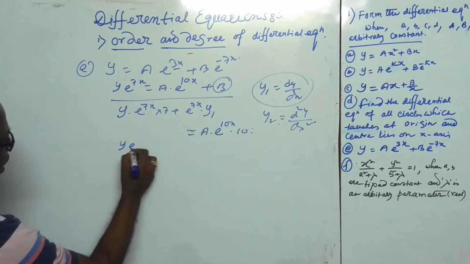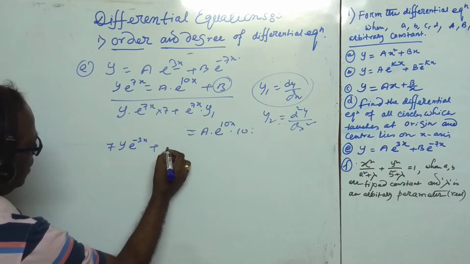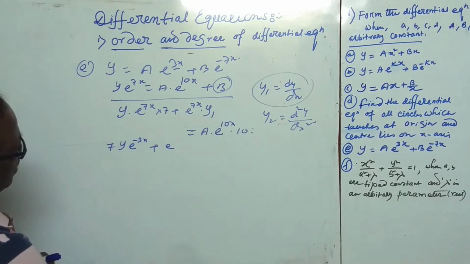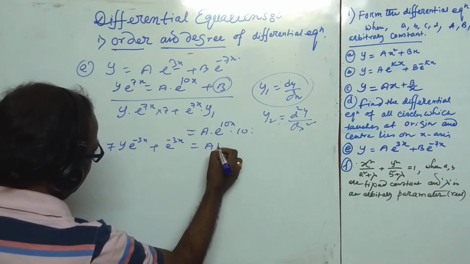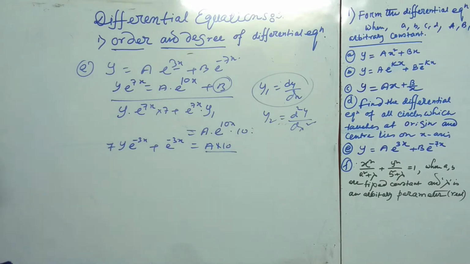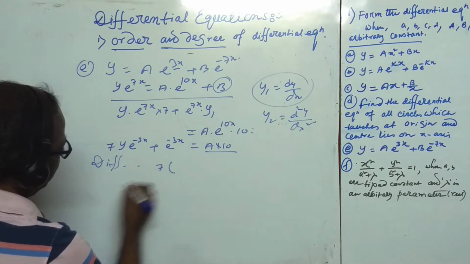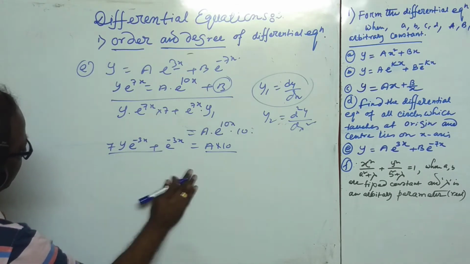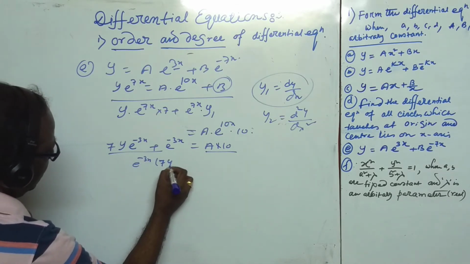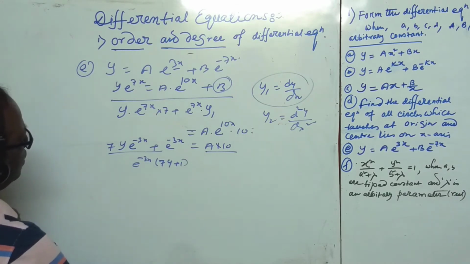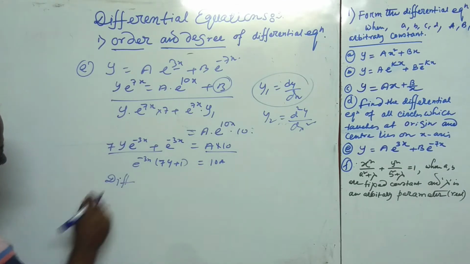So now y into e to the power 3x is 7, and that is also minus 3x, and this is 10. Again differentiate. First of all you have taken a common, then the derivative falls simply. Again differentiate.